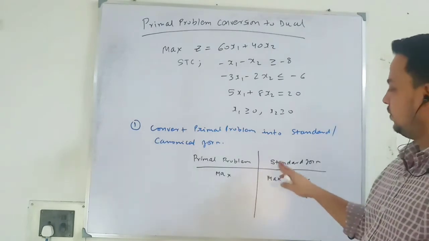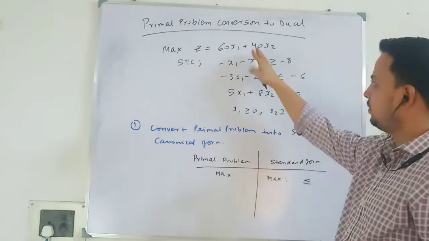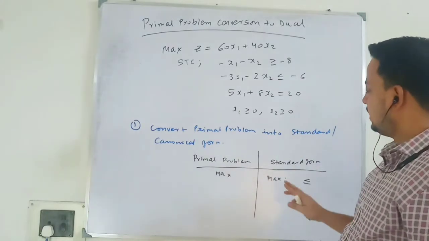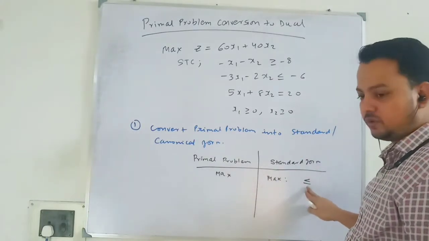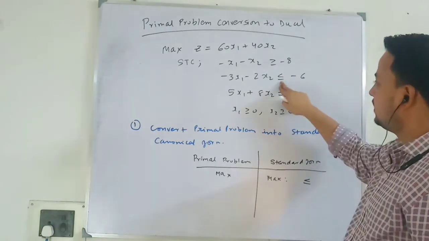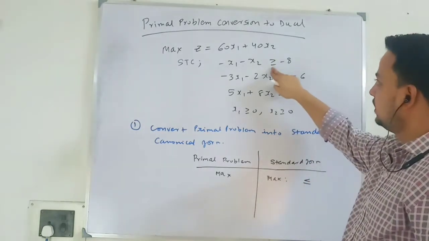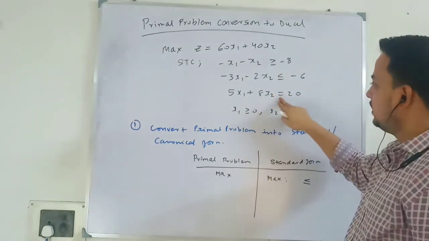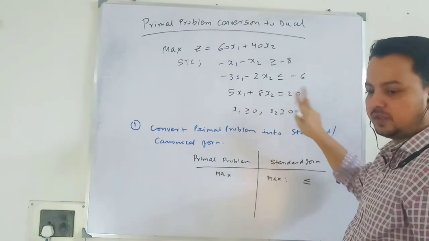When we are converting the primary problem into standard form, we are making the constraints less than or equal to sign. Here you have a less than or equal to sign, so I don't need to do anything. Here you have a greater than or equal to sign, so I have to make it less than or equal to. Here you have an equal to sign, I have to make it less than or equal to.